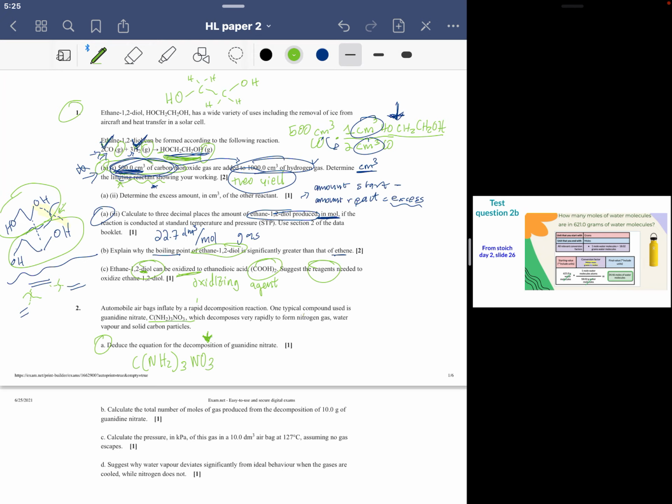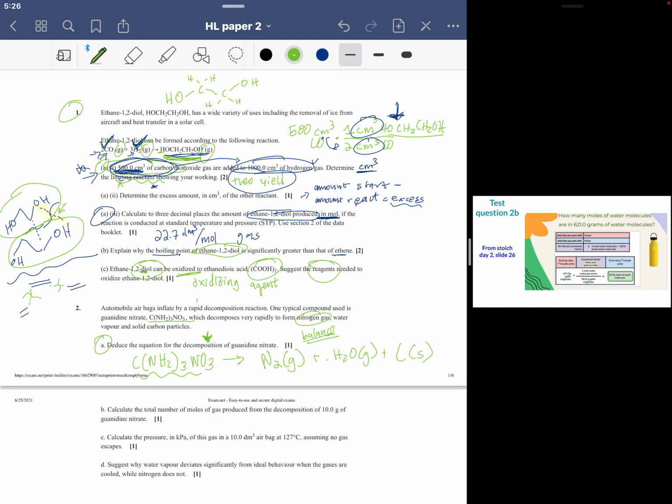So I have this compound that decomposes, meaning one compound forms several compounds to form nitrogen gas. I know nitrogen is diatomic, so nitrogen gas, plus water vapor, plus carbon, solid carbon particles. And then you just need to balance the reaction.